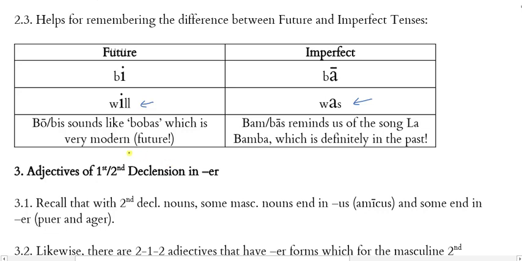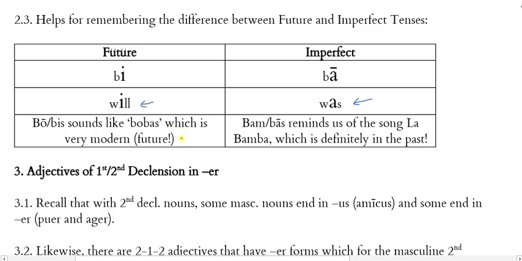But here's something that I thought of as well. The first two person number forms are bo and bis. Laudabo, laudabis, right? So bobus sounds like bobus, which is a form of tea that was developed in the 80s. And that's very modern.